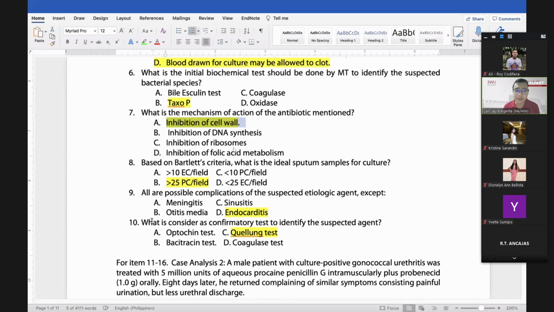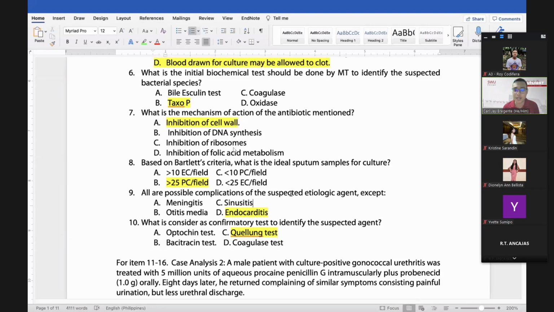Number 9, all are possible complications of the etiologic agent except. Okay, since you already know that this is Streptococcus pneumoniae, your Streptococcus pneumoniae, class, can cause at least 4 major diseases. So the mnemonic is MOPS, M-O-P-S.